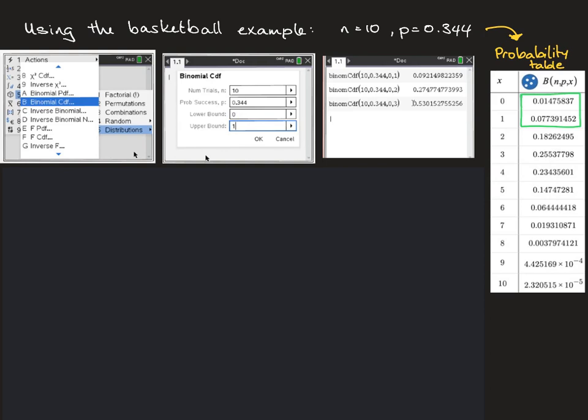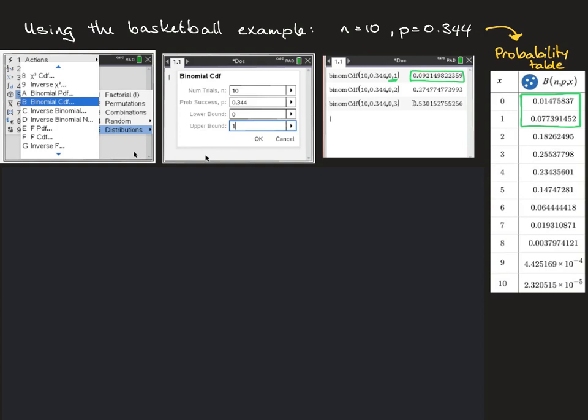Those two probabilities get added together. And so when you put this into your CAS calculator, this is the one that you get, where we've got at the top from 0 to 1. And those two probabilities, when you add them together, add up to this.